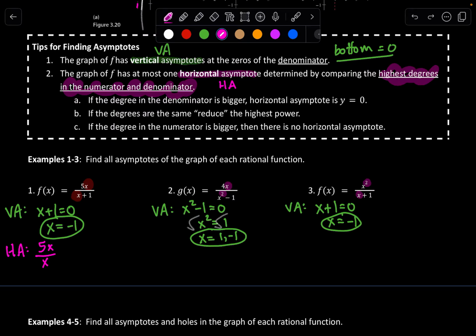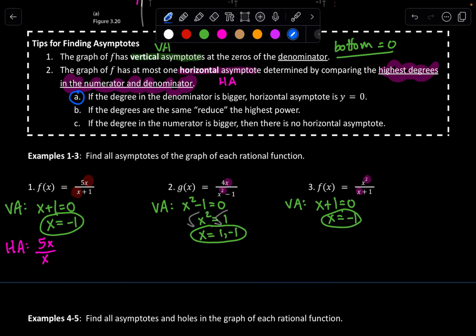So when we look at our 3 different scenarios for what could happen, scenario A is that if the degree of the denominator is bigger, so the bottom is bigger, then we would have y equals 0 as an asymptote. So bottom is big, y equals 0.